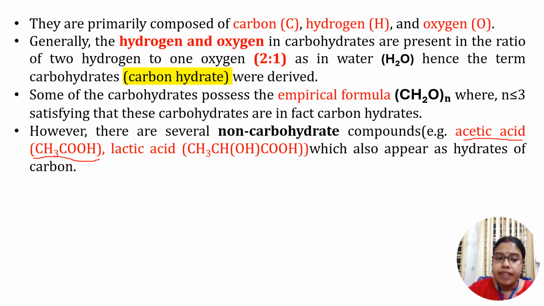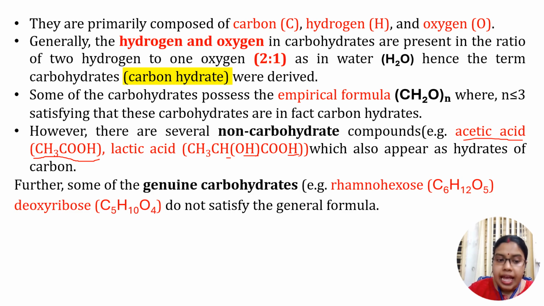Similarly, lactic acid is also a non-carbohydrate molecule, but here the number of hydrogens is 1, 2, 3 and 3 here, so total 6, and the number of oxygens is 3. So here also the hydrogen to oxygen ratio is 2:1. And also some genuine carbohydrates exist, like rhamnohexose or deoxyribose, that don't have the H to O ratio of 2:1.